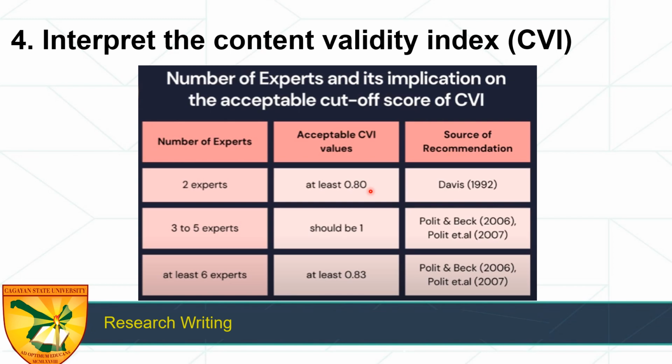Those with 0.80 and above will be acceptable, and those with CVIs below 0.80 would be rejected, or they could have revisions so that they could be reassessed and have a CVI of 1 or more than 0.80 to be accepted. For 3 to 5 experts, all should be 1. That means all those with CVIs below 1 would be rejected. And if at least 6 experts, that means 6 and above, at least 0.83.